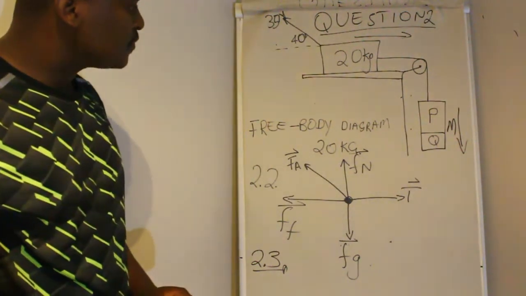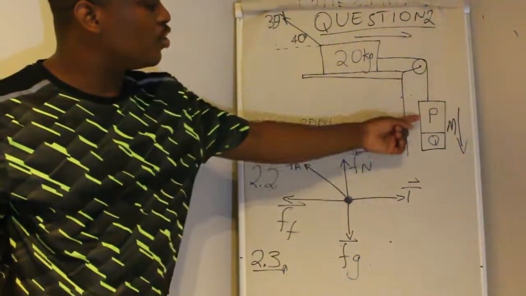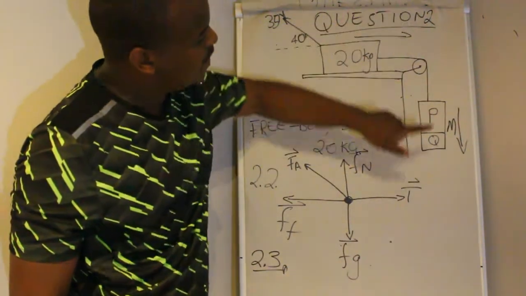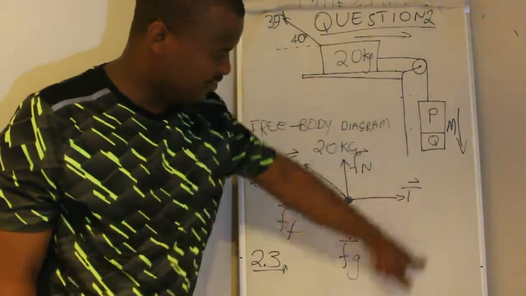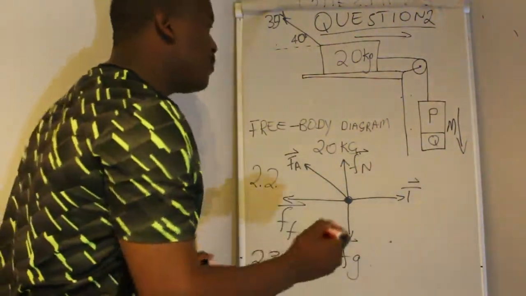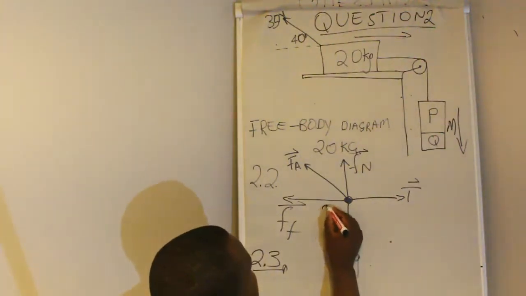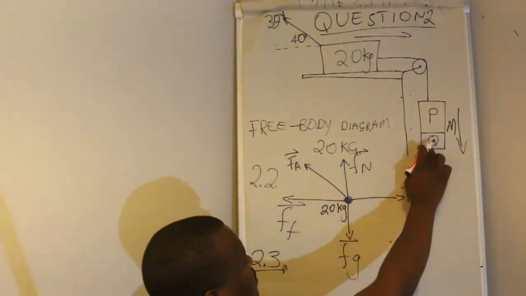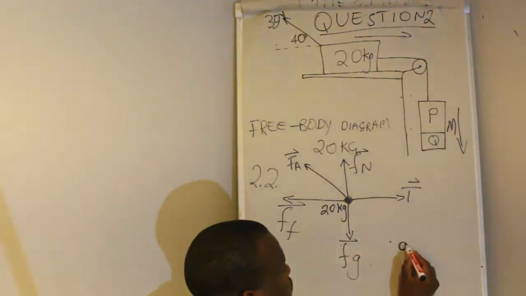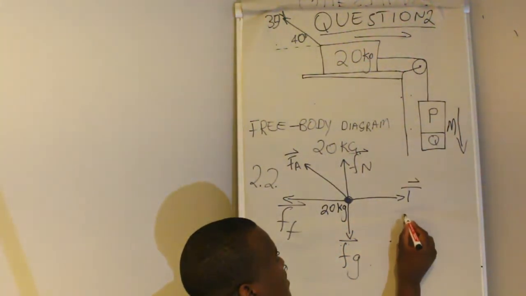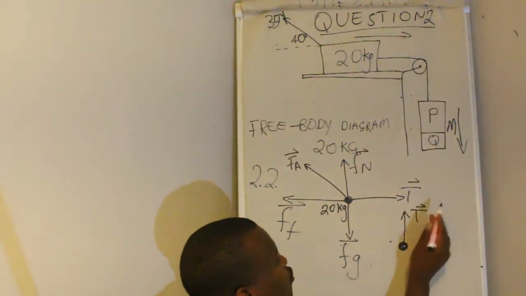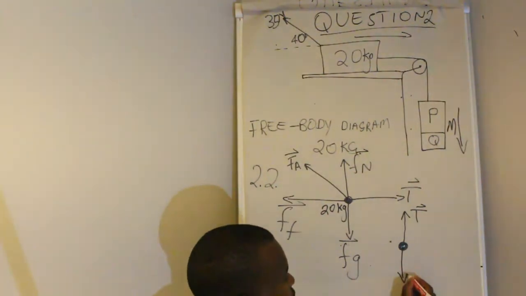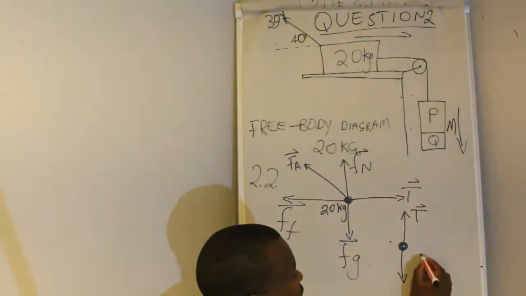There are two forces acting on P and Q: the tension, which is pulling it upwards, and the gravity, which is pulling it downwards. So the free body diagram for M, the 20 kg block, is this one. This is the tension, which is equal to that one but in the opposite direction. And this is the force of gravity, Fg.